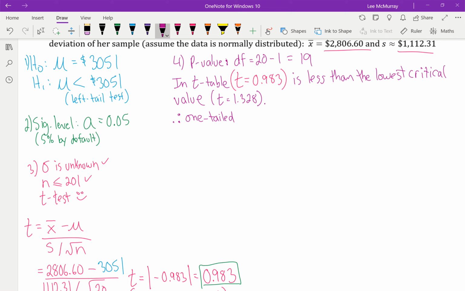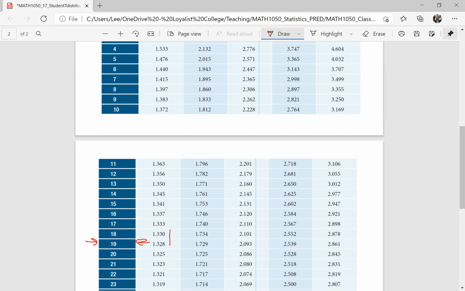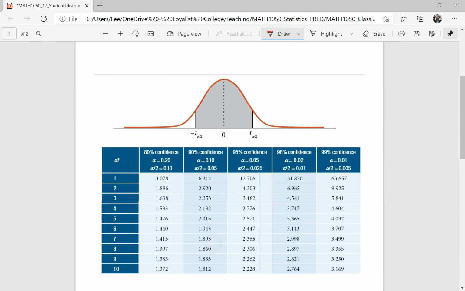So if a one-tailed p-value is greater than alpha over 2, which is equal to 0.10. Okay, so where does that come from? If we scroll all the way up, alpha divided by 2 in a one-tail test is 0.10. So that's where that came from.